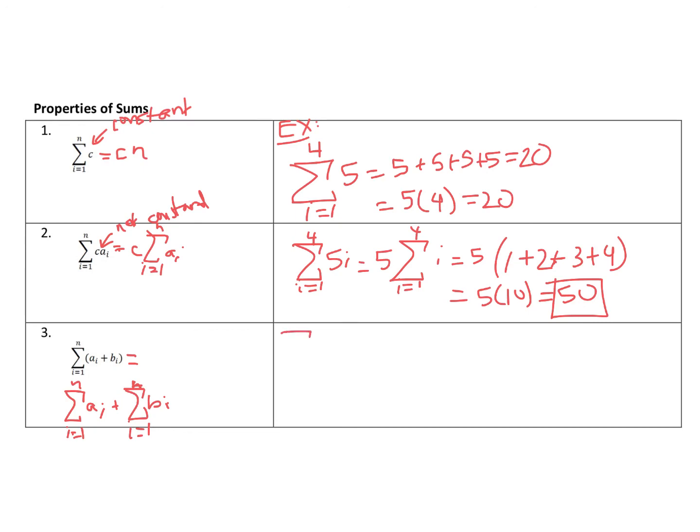So for example, if I have the sum from I equals 1 to 5 of 3n plus n squared, I am allowed to split this up into two things. By the way, the 3n, I can pull the 3 out front too. You might prefer to do that.